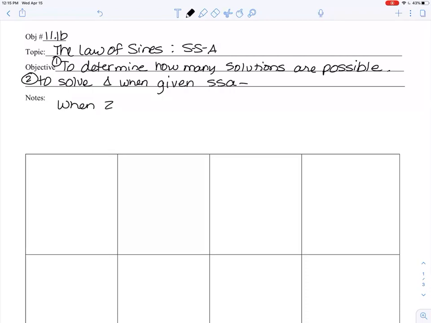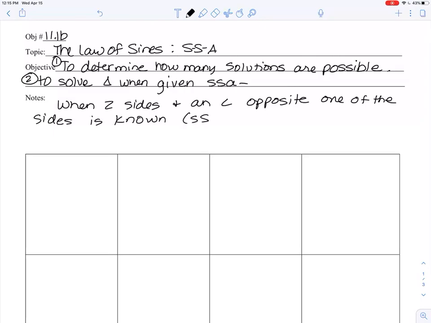So we'll say that when two sides and an angle opposite one of them is known, and that gives us side angle, you can use the law of sines to solve the triangle.